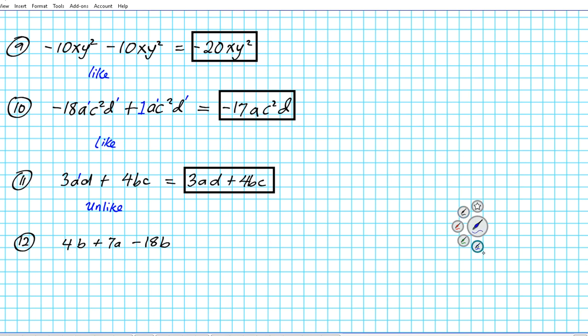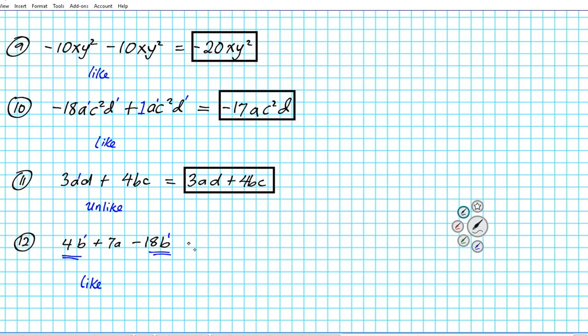So if you underline 4b and 18b, they're like terms. Why are they like terms? Because their coefficients are both rationals, and the variables are both b's and the powers are 1. So we can combine those two. 7a has a different variable, so it's not like the other two.